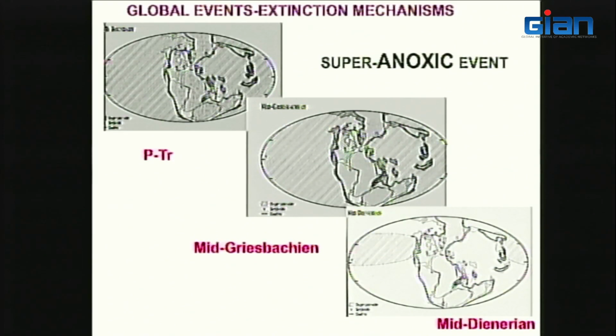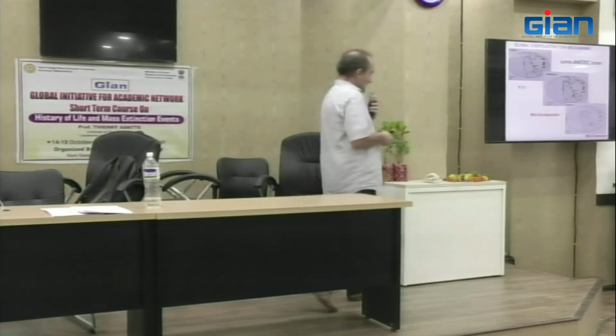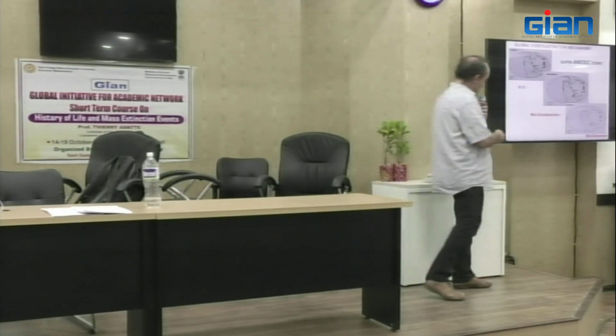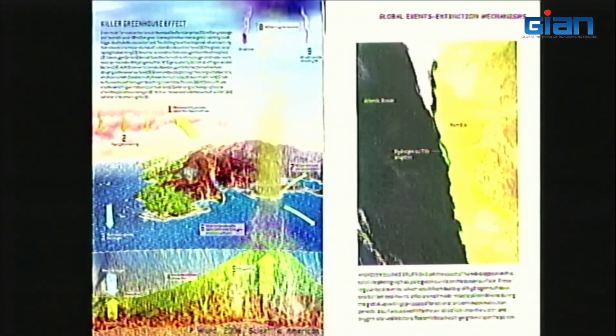So this was probably the last time a big part of the ocean was completely anoxic. This is proved during the snowball by the banded iron formations, which show very low oxygen conditions at that time. And so this may explain why these episodes of the Permian-Triassic were so detrimental for life.